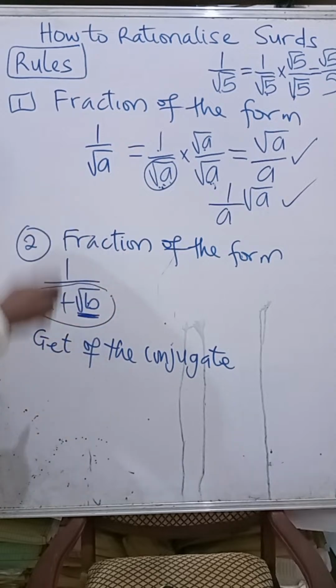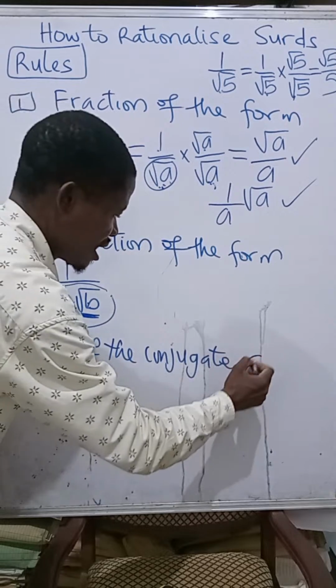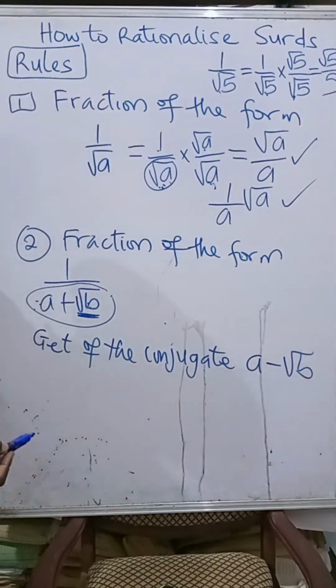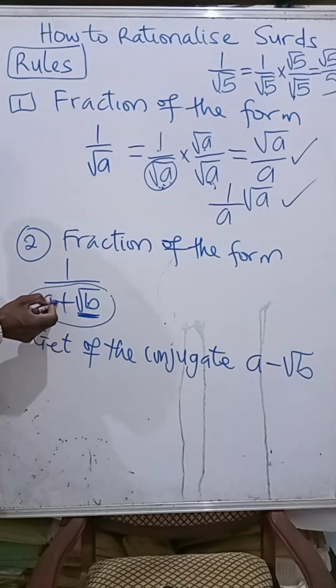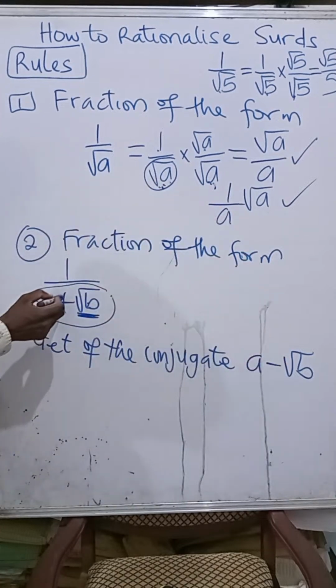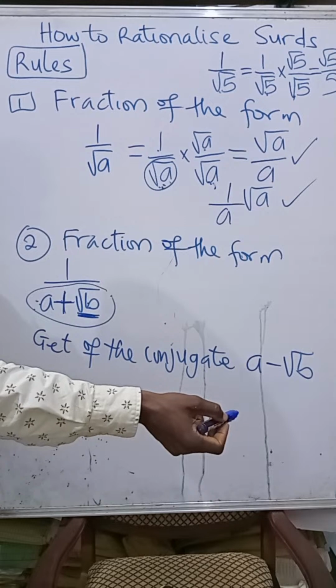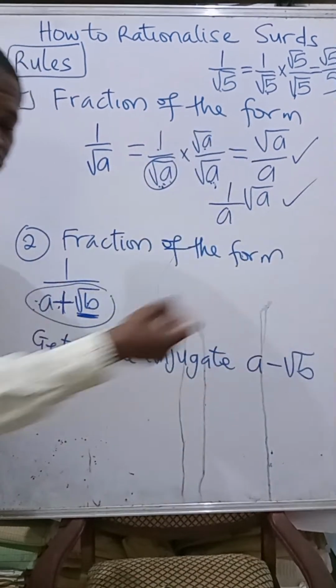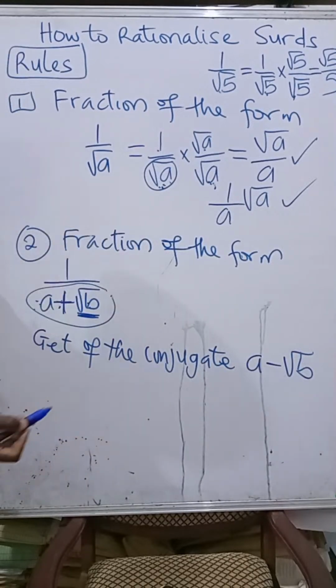Okay, so get the conjugate of that expression, and that would be a minus root b. The meaning of conjugate is just for you to reverse the sign of that expression. If you have minus, change to plus. If you have plus, it will change to negative, vice versa.